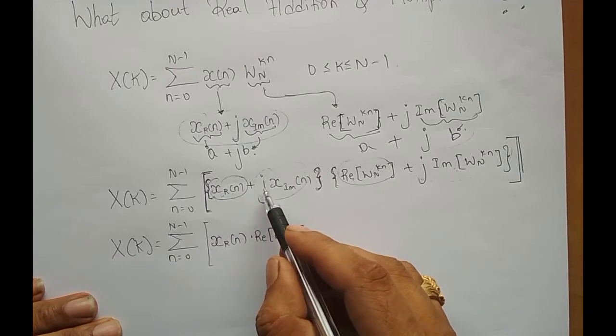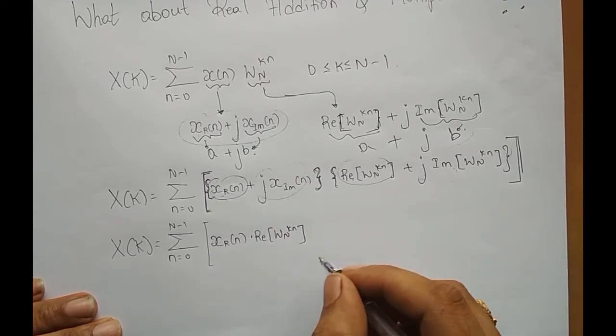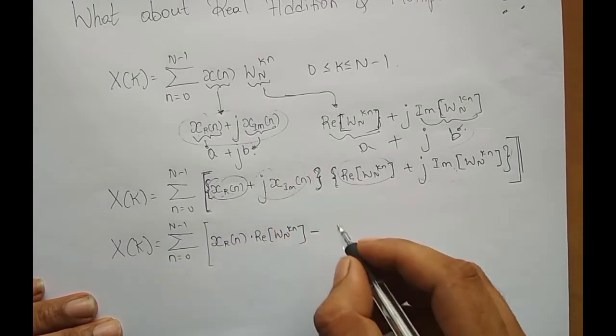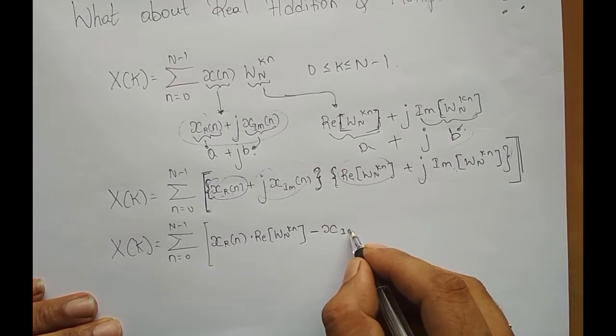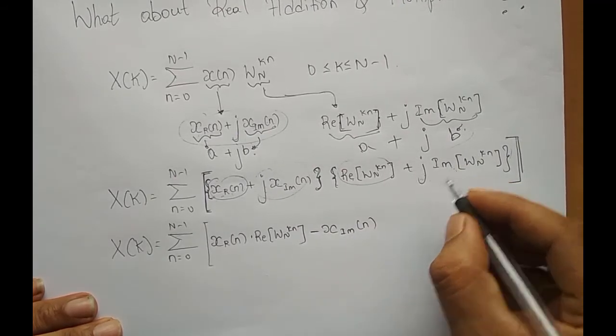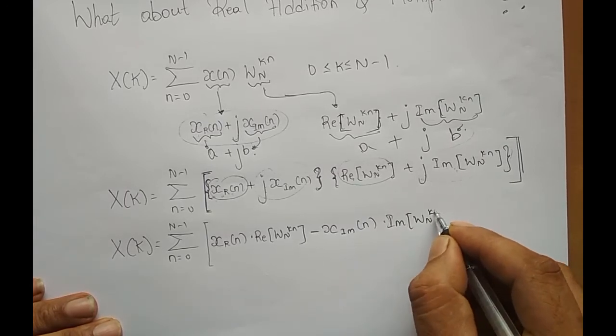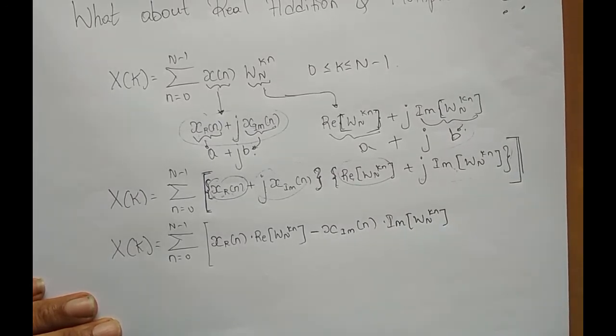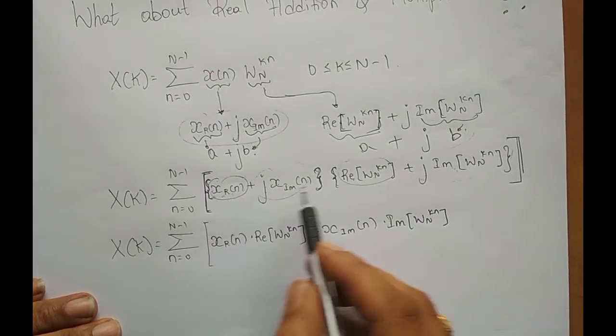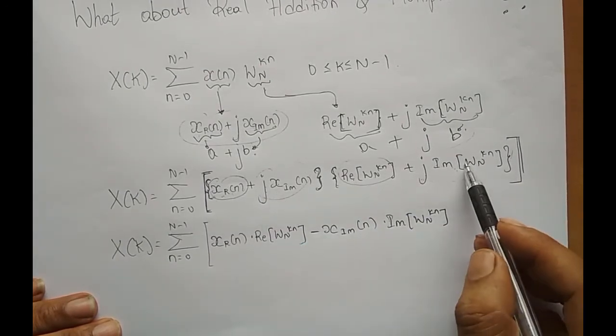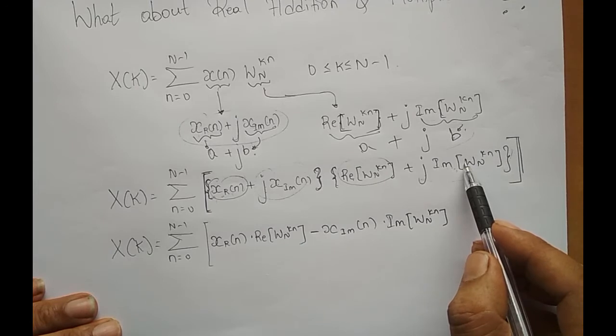So what do I get? J times j is j square, which is minus 1. So minus of this term x imaginary of n into imaginary part of wn power kn, right? This is the second term. Now, I'm done with these two multiplications.